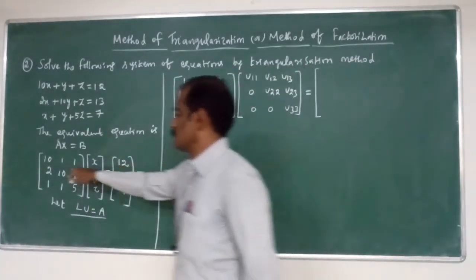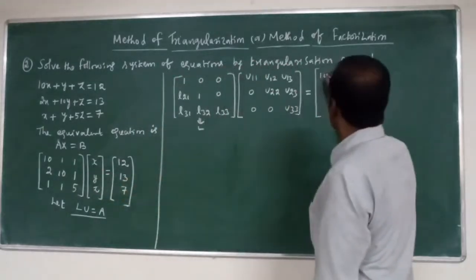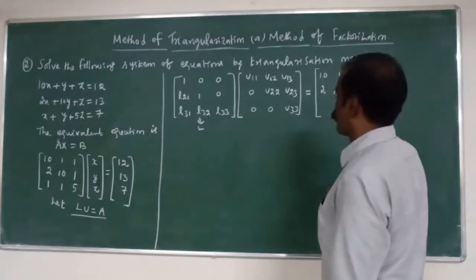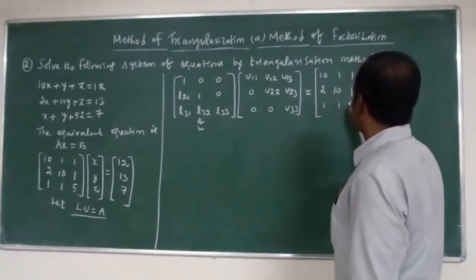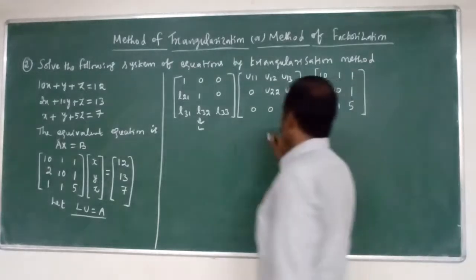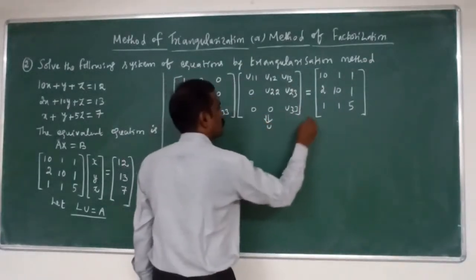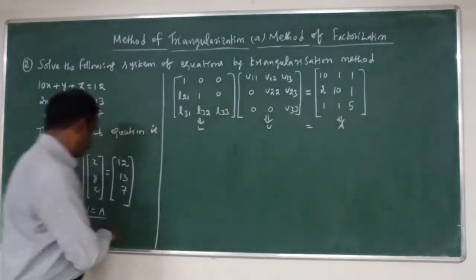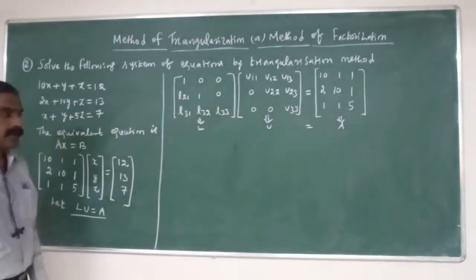Now here for this one, 10, 1, 1; 2, 10, 1; 1, 1, 5. Okay. Now this is for U. This is the format of LU equal to A.